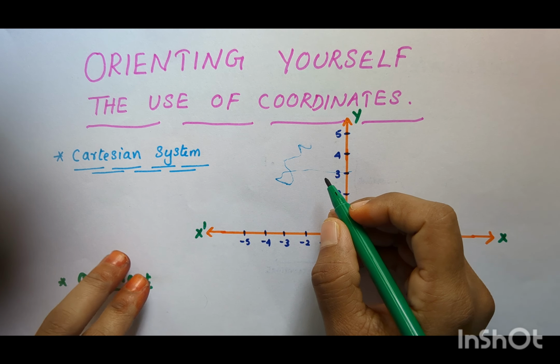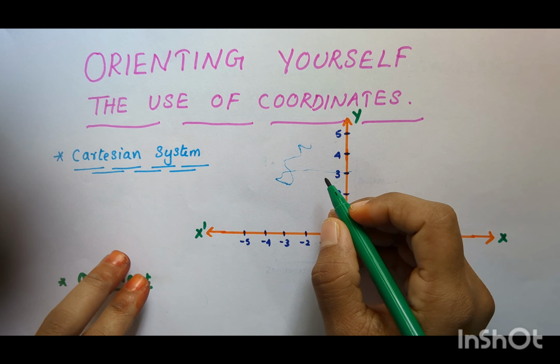If you consider this particular point, this point lies on the y-axis. So its y value is -3, but its x value will be 0. So 0, -3. Similarly, consider this particular point, which is also lying on the y-axis.